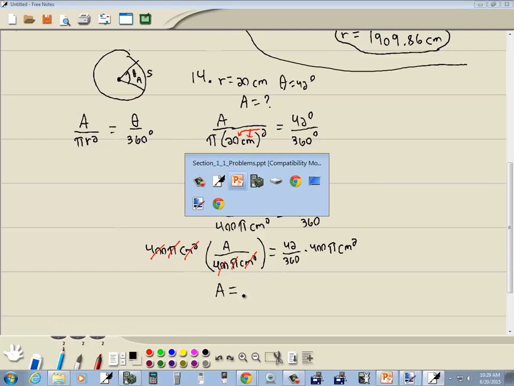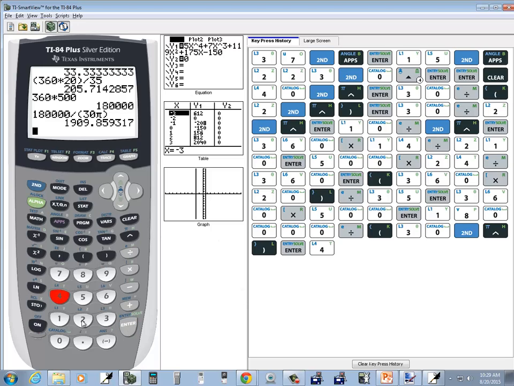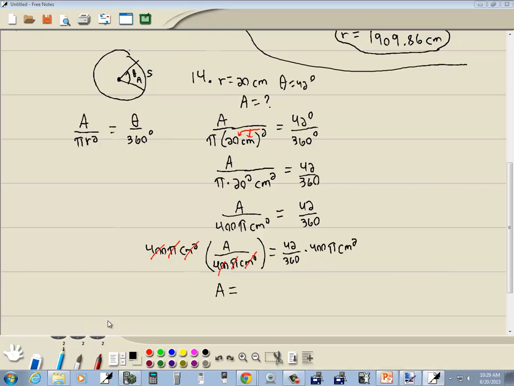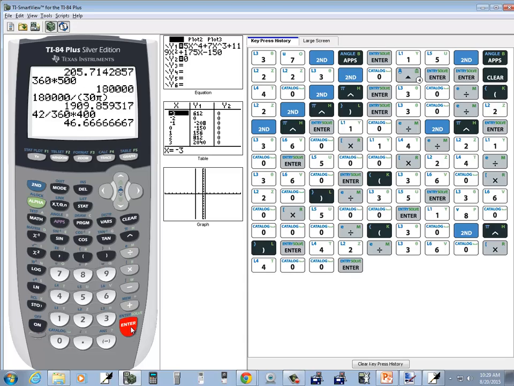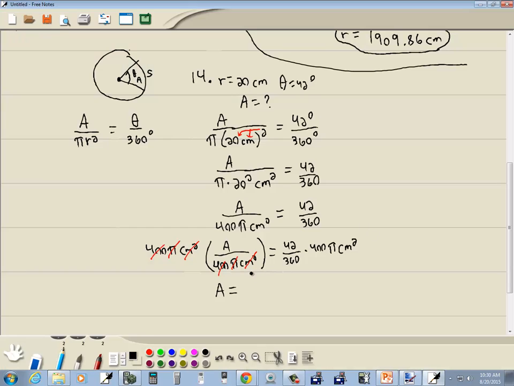So I've got 42 over 360 times 400, and then enter. Now we get a decimal. Remember on your TI-83, TI-84, if you do math, enter, that'll change it to a fraction. So the exact answer is 140 over 3 pi centimeters squared.